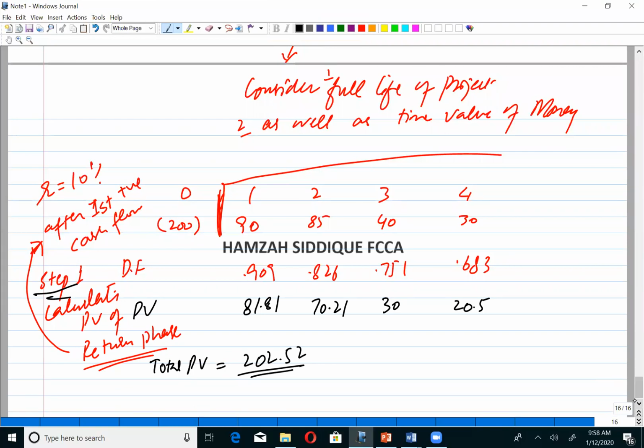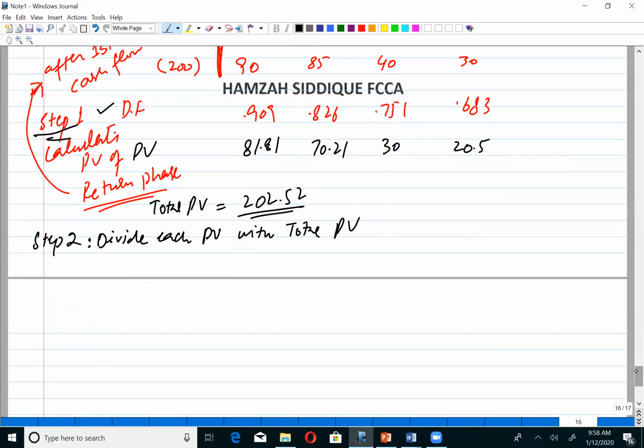Now students, you see here, we calculated present value. Now, step 2, divide each present value with total present value.